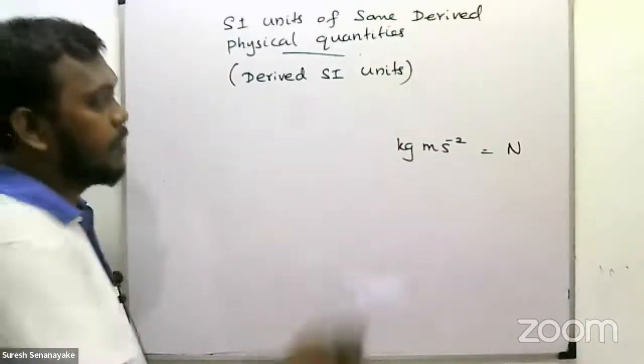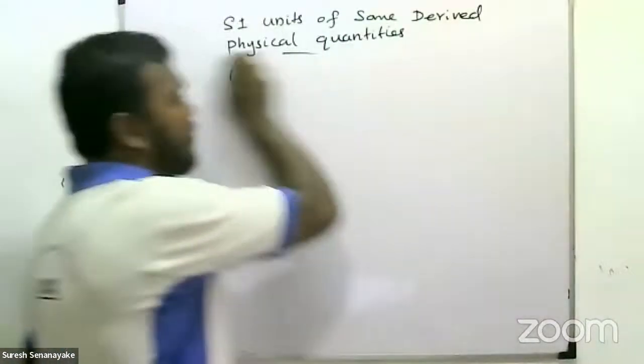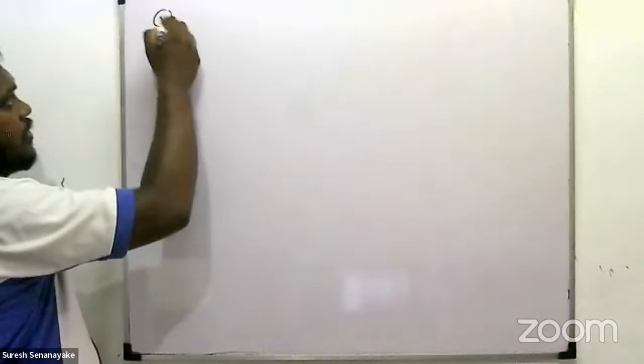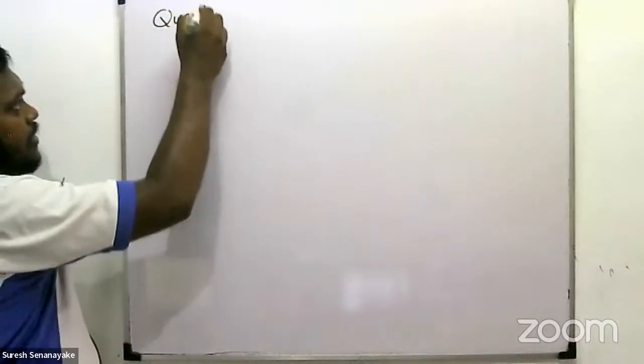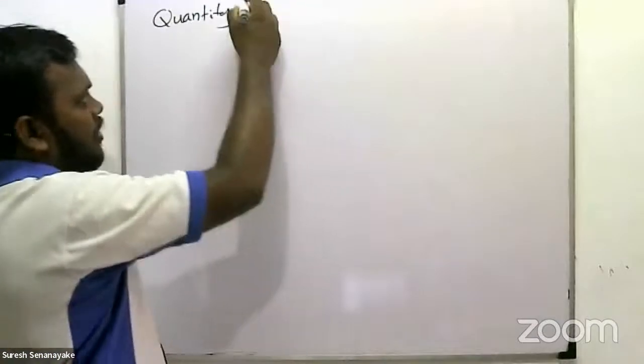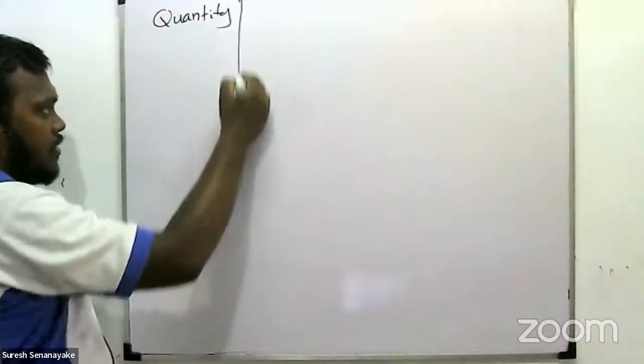So first you write this as a table. The first column is quantity. Let's write quantity, and this column is quantity.